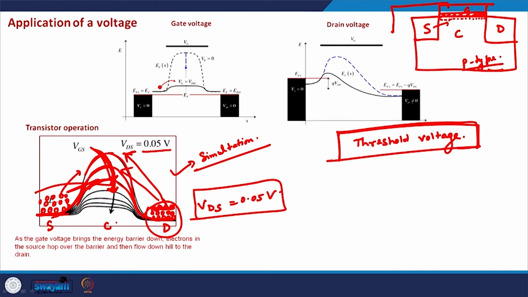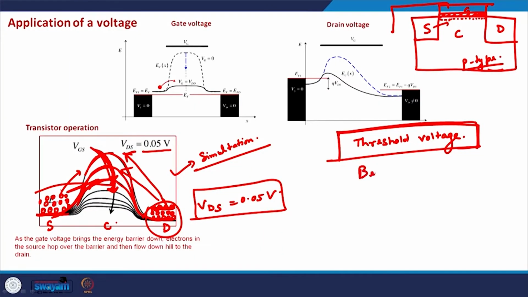So below the threshold voltage, if the gate voltage is less than the threshold voltage, an extremely small current is there. It's not that there is no current, because even when the gate voltage is less than the threshold voltage, there is a finite probability for electrons to cross the barrier.